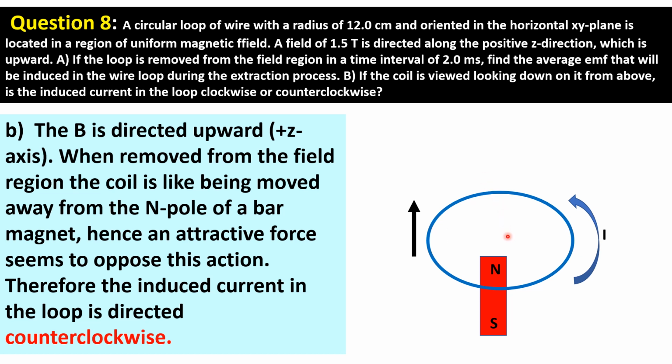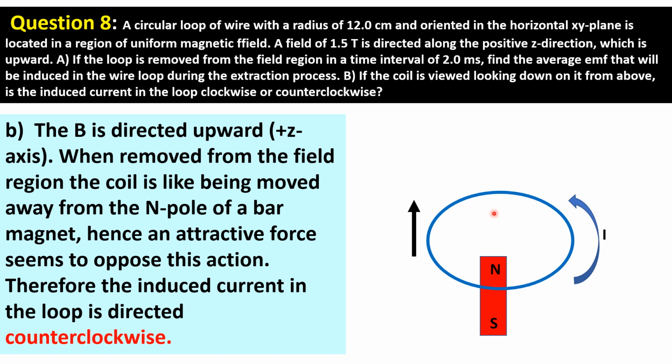Hence, we need to consider that the induced magnetic field in the coil is such that, as you use your right hand grip rule, your forefingers are pointing in the direction of the current induced, which in this case should be counterclockwise, right?